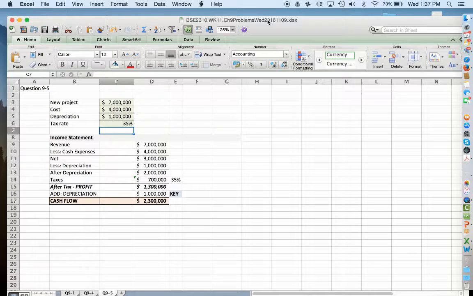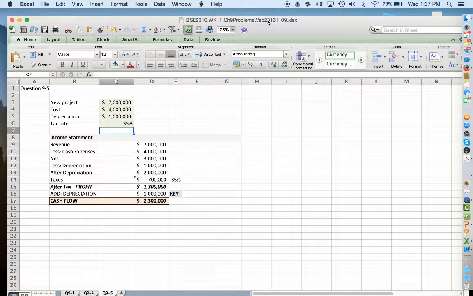So we do the income statement, and then we add back depreciation. Everybody get 2.3 million? No? Where's it off, Anthony? One of the reasons I use the templates over and over is that I know the formulas are right. It's also a little more efficient, okay?